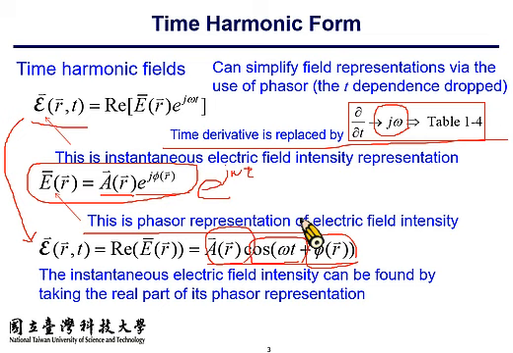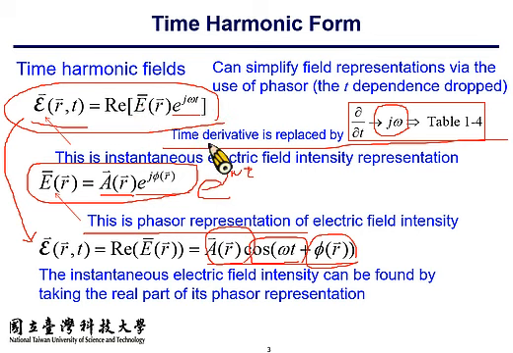But if you want to present your final solution in the so-called instantaneous form, you need to perform this operation to transform phasor representation back to instantaneous representation. To do that, you will need to multiply the phasor representation with the exponential j omega t term and take the real part of it.